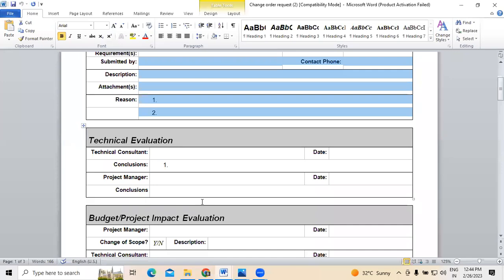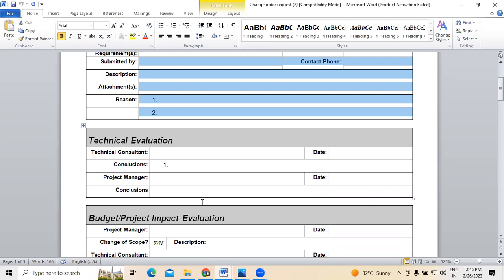Is there any kind of change to the existing infrastructure, whatever was finalized so far? To know that, technical evaluation will be made. That has to be concluded by the technical people, followed by the project management team, and they have to provide detailed information about it. This is point number 1.